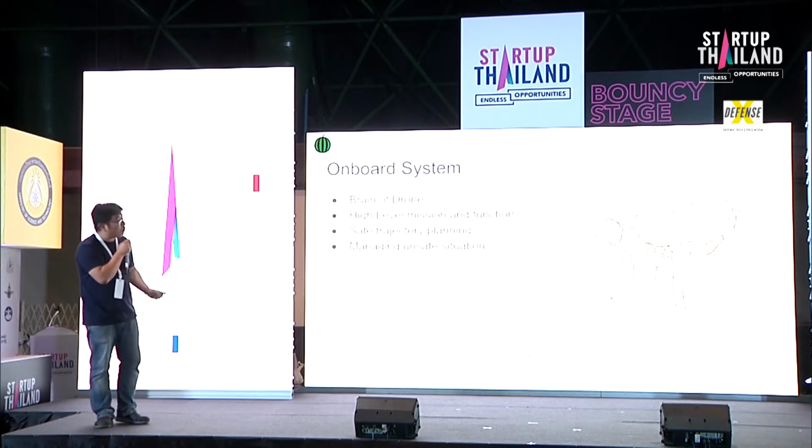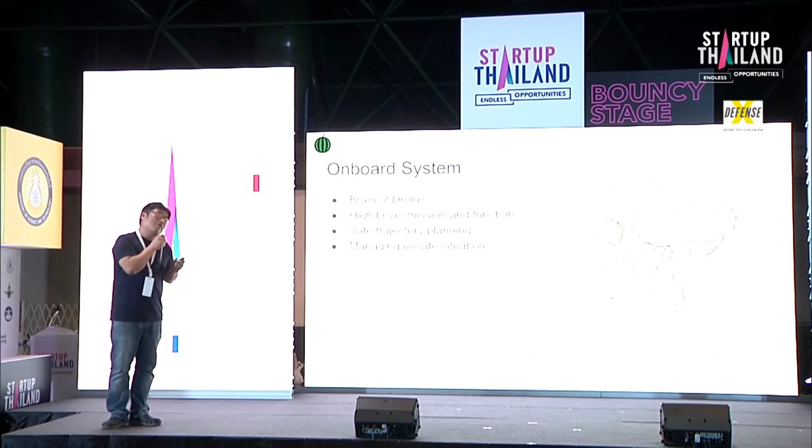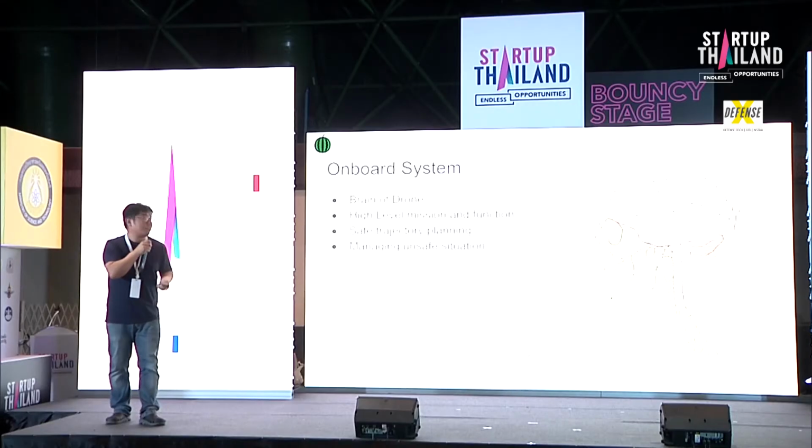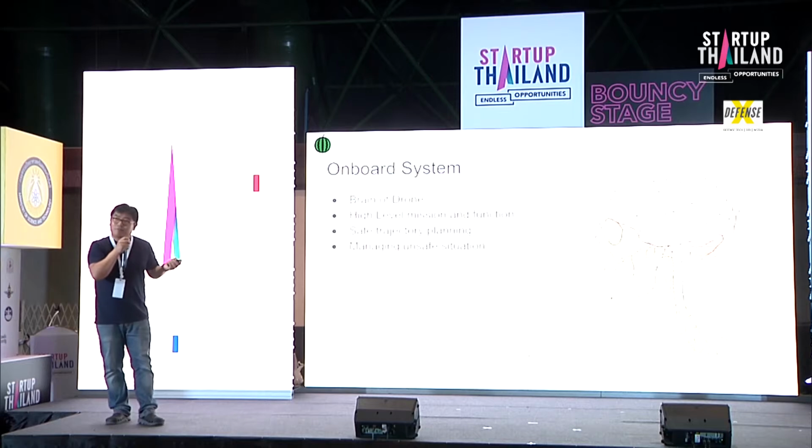So onboard system is like the brain of the drone, and you can handle the high-level mission and function, and also build the path trajectory planning, and can manage unsafe situations. It's like a brain.